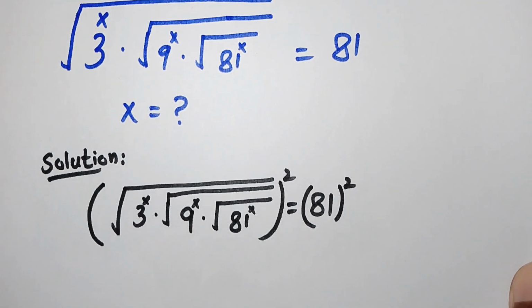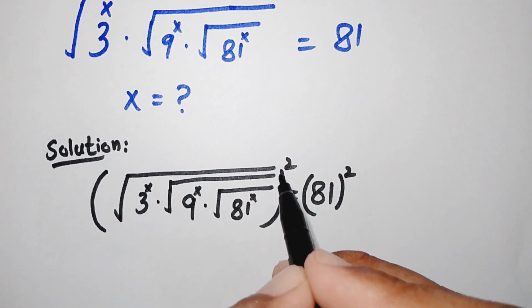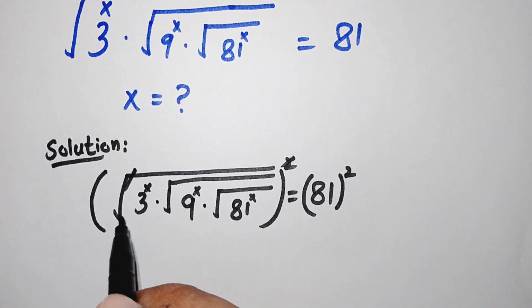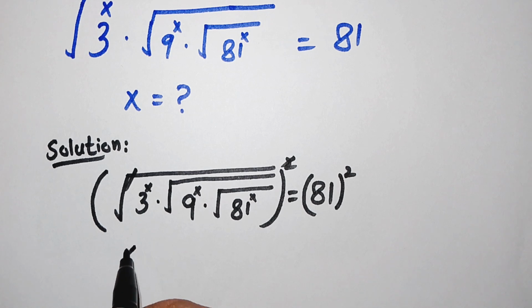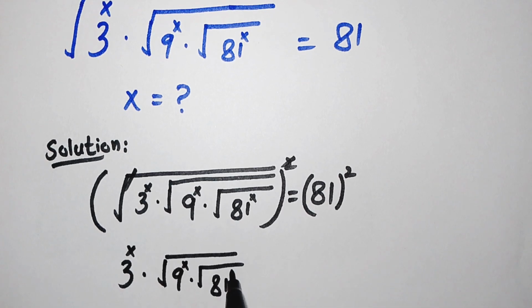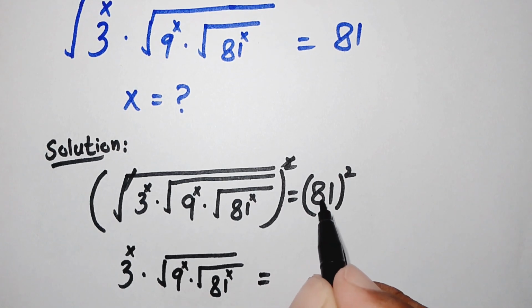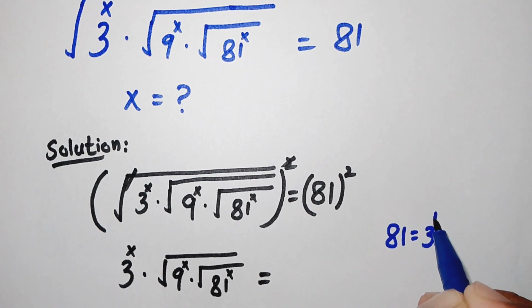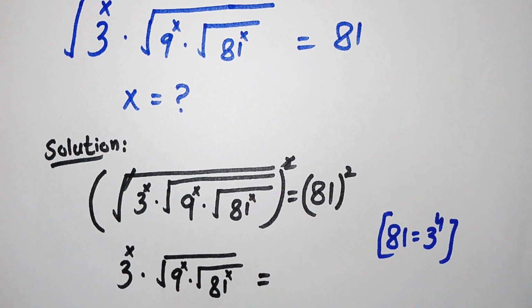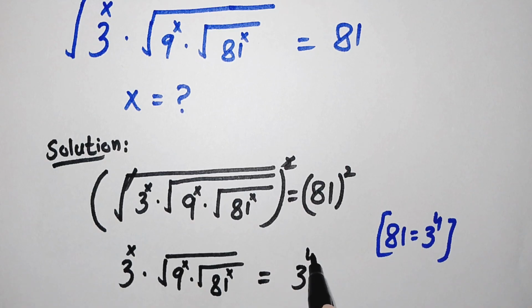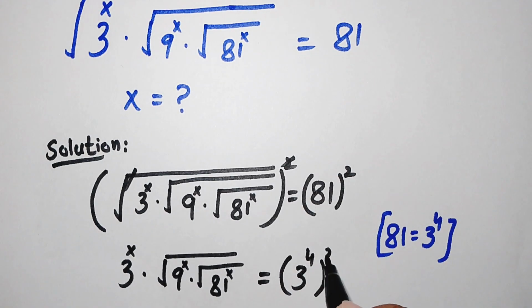Here this square cancels with this square root, and this will become 3 to the power of x times, and what is left is square root of 9 to the power of x times under square root of 81 to the power of x, which is equal to 81. We know that 81 is equal to 3 to the power of 4. So we have to replace this 81 with 3 to the power of 4, and here this square.